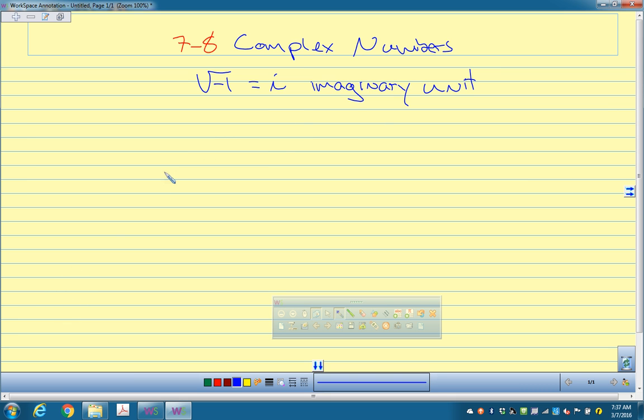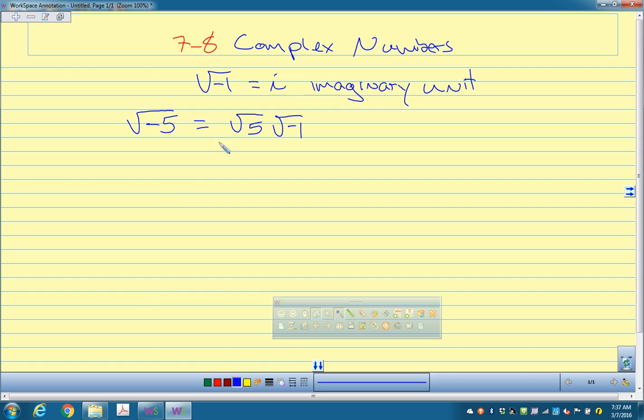Most square roots, or negative square roots, can be expressed in terms of i. So if you have, like, negative square root of 5, you can rewrite this as the square root of positive 5 times the square root of -1, right?